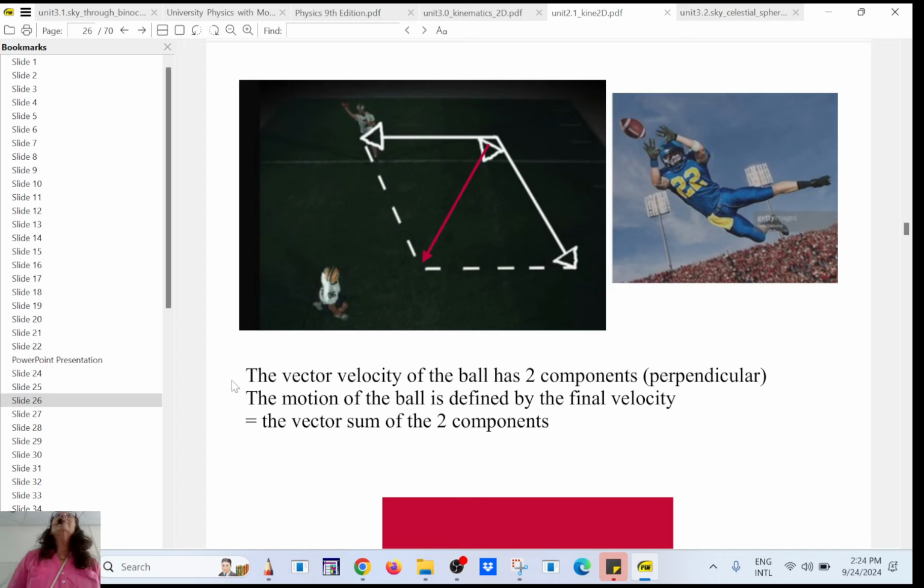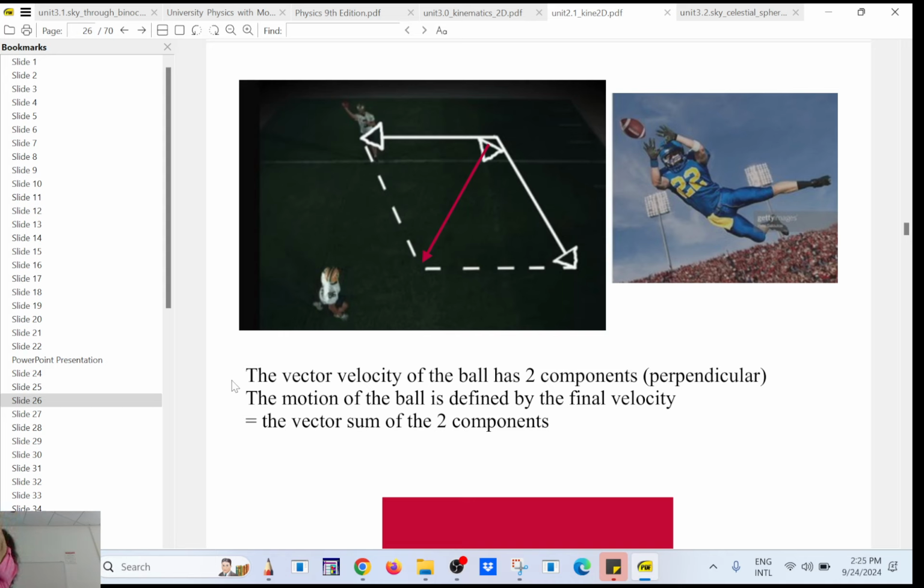Okay, another example in sports, also very important. They use a lot of physics to develop all those software tools to help athletes perform their best. So for example, if I have a football in my hand and I start running in this direction, and at the same time I throw the ball perpendicular to my direction, do you see that the ball is doing two things at the same time?